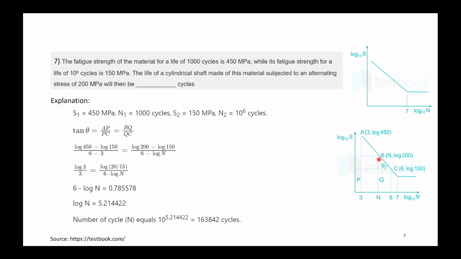For this, we see that the slope of this line is the same. For AB, the particular slope will be similar for AC.